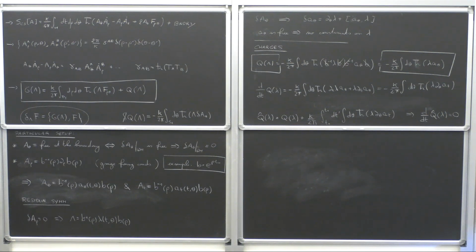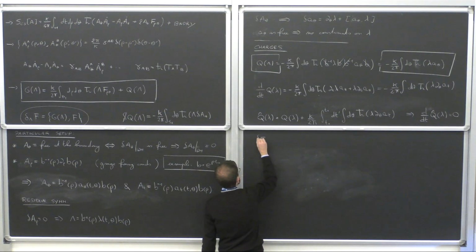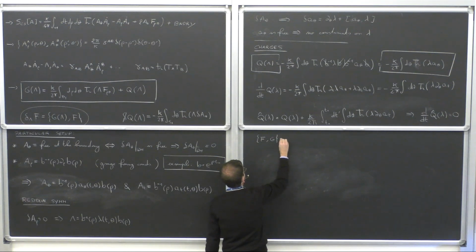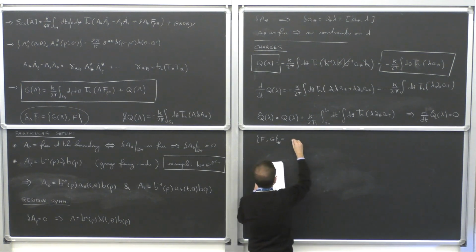We have a gauge symmetry, we impose some gauge fixing condition, and we argued that we arrived at a set of second-class constraints. If I have a set of second-class constraints, I can compute the Poisson structure induced on the surface of the constraints. How do I do this? I just use the Dirac bracket. And how is the Dirac bracket defined in this particular way?